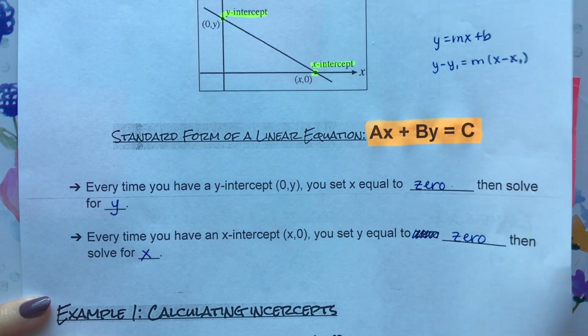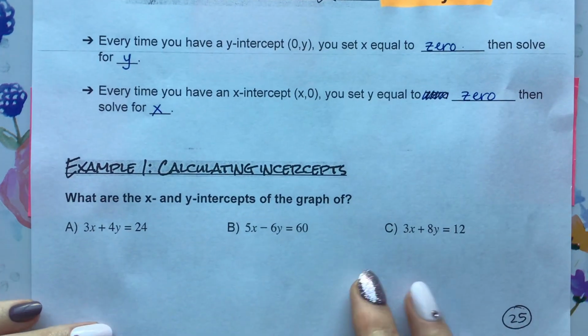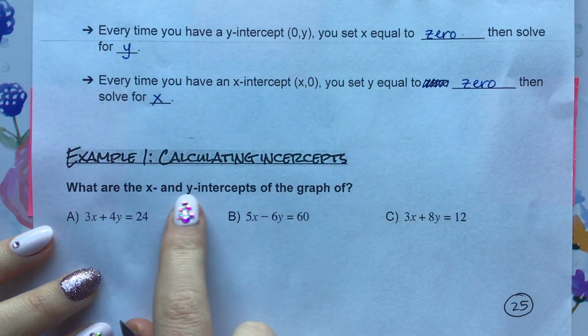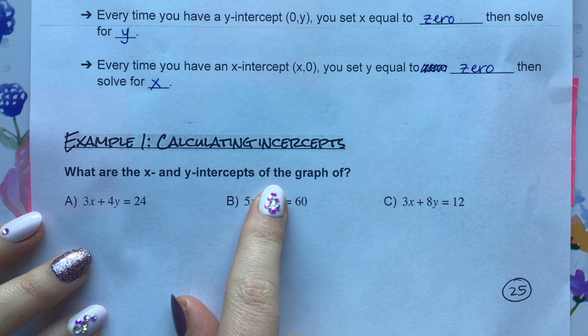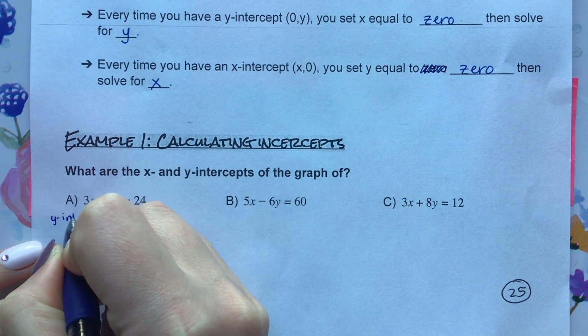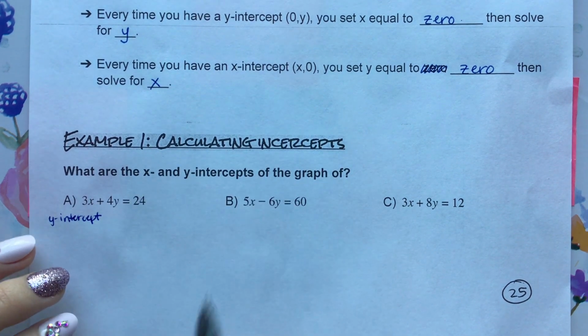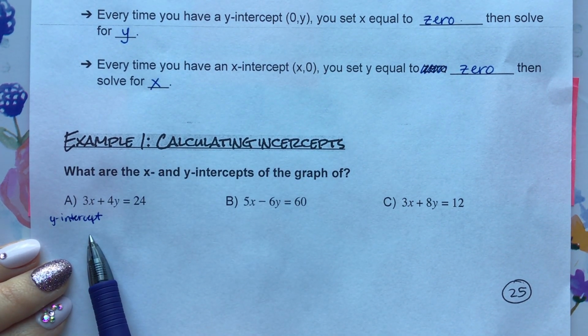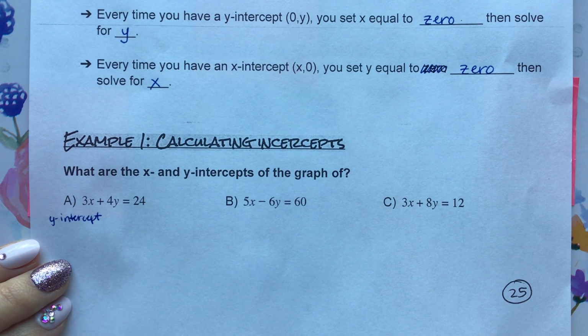So let's talk about how we do that. We're going to try to figure out our x and y intercepts in this next example. It says, what are the x and y intercepts of the graph? All right, let's do y-intercept first. A y-intercept is going to have an x value of 0.